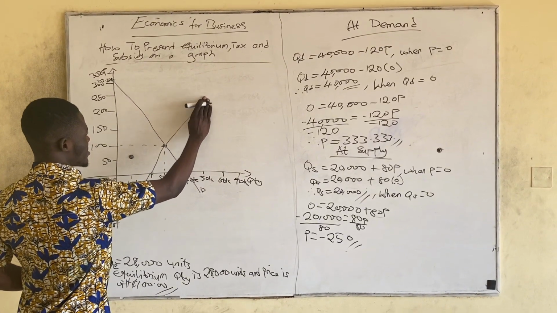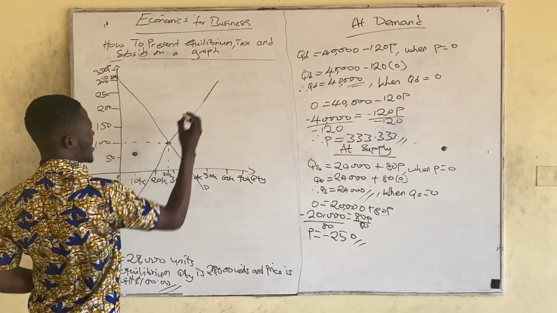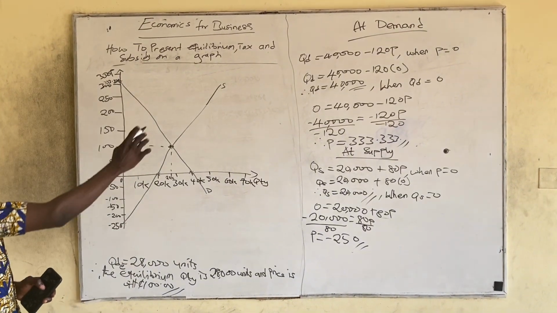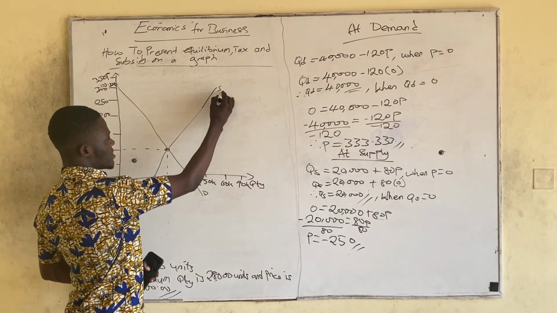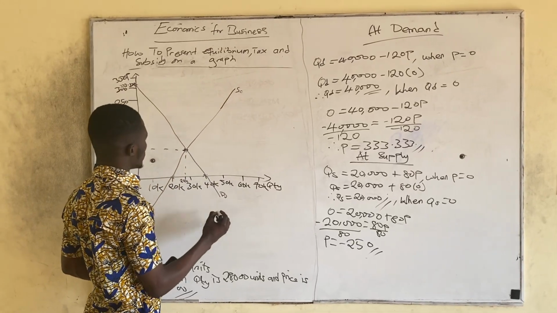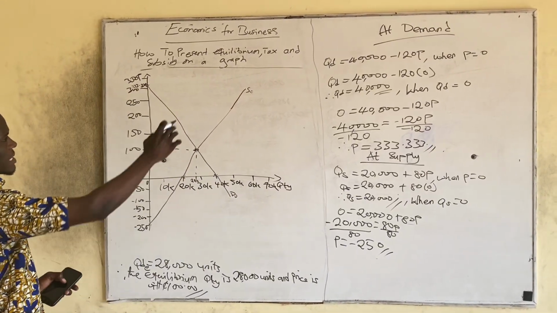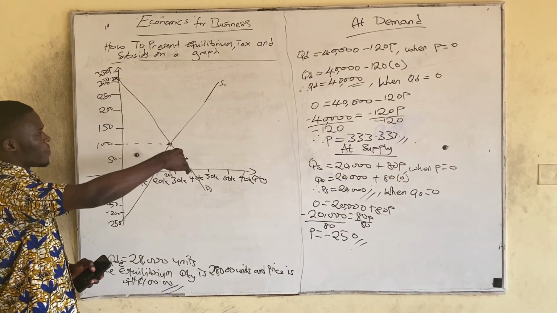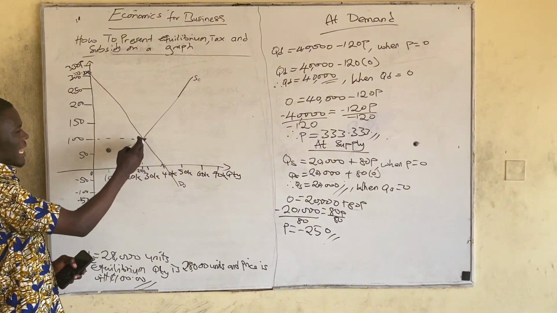Sorry, my curve is not that good. So, yeah, supply is also like this. Let me label this S0 and D0. This is our quantity demand and the quantity supply curve where we had the equilibrium.